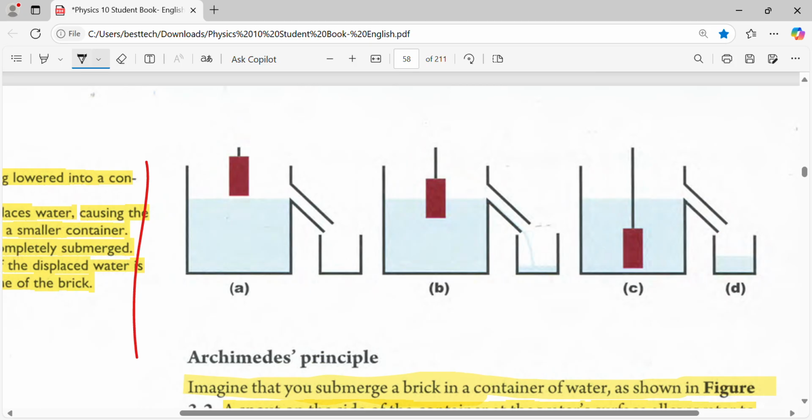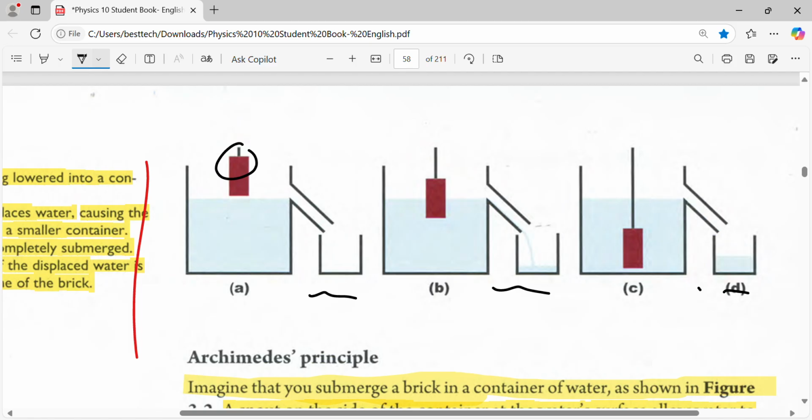We have 3 containers, A, B, and C. We have this container, and in here we have a small container. Okay, guys, we have an object, any object. We would like to bring it down under the water. In part A, I'm talking about the normal situation: the object is suspended outside the water, and the container is filled with water.